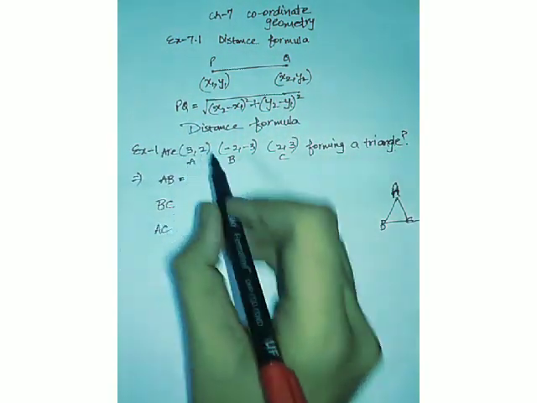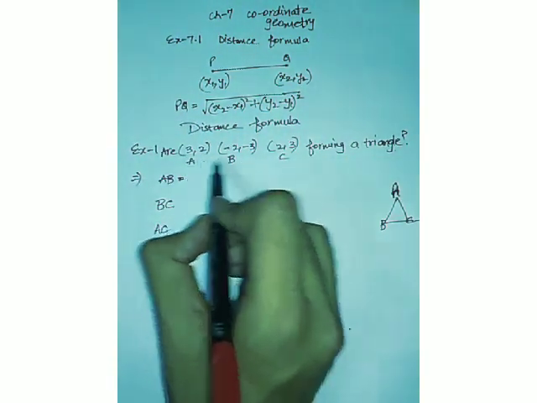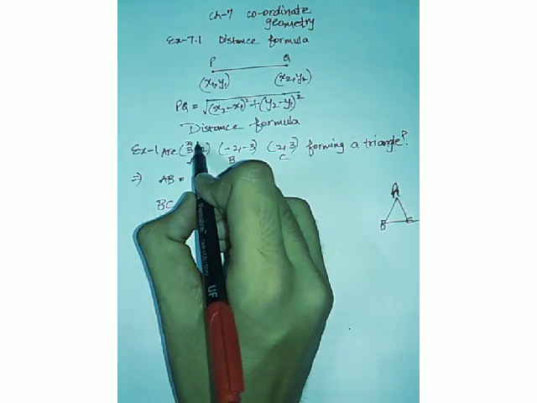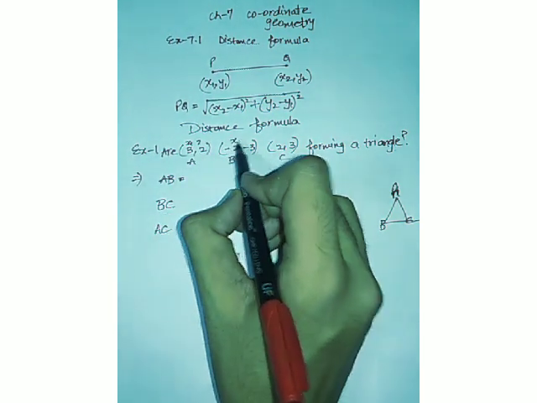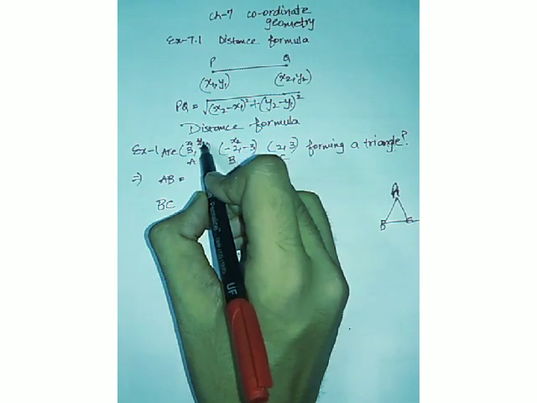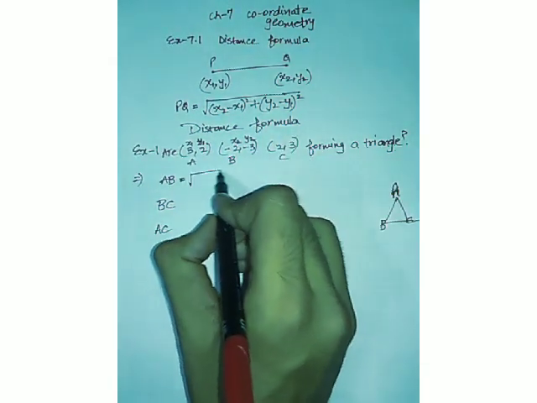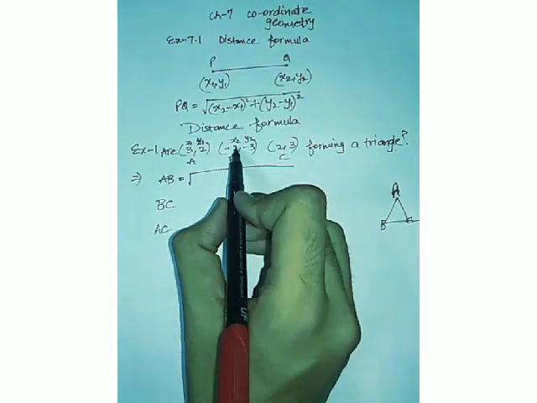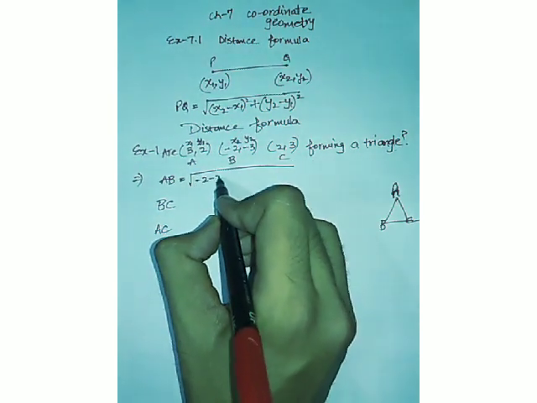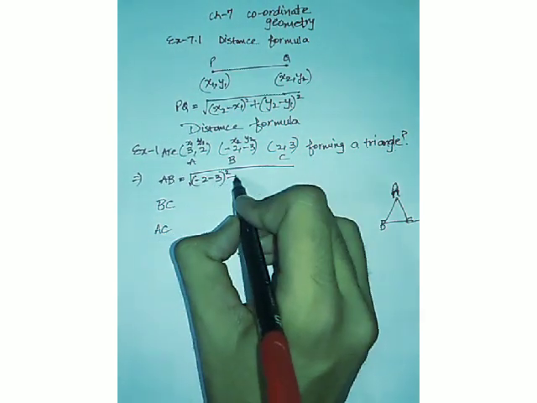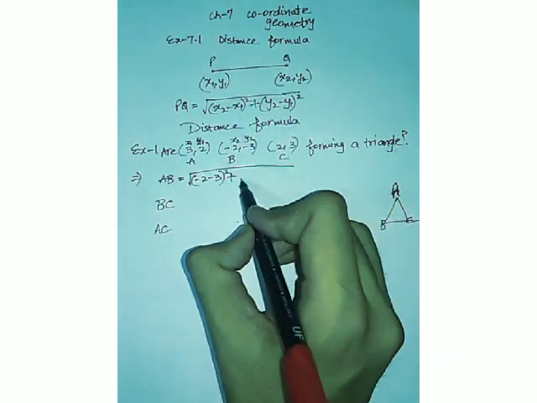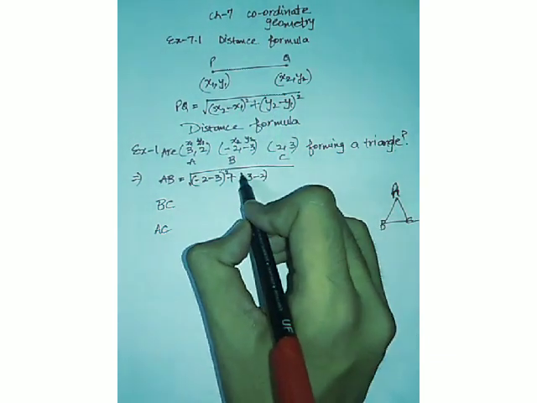So firstly find AB. Now in case of AB, your x1 is 3, x2 is minus 2, your y1 is 2, and y2 is minus 3. Clear? So apply the formula: x2 minus x1, that is minus 2 minus 3 whole square, plus y2 minus y1, that is minus 3 minus 2 whole square.